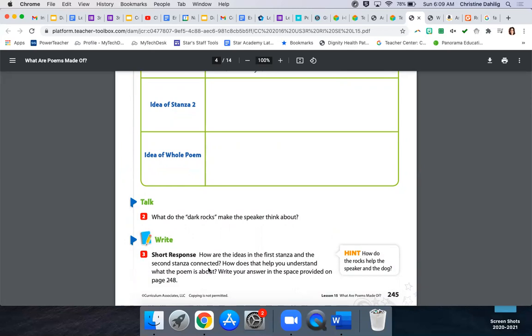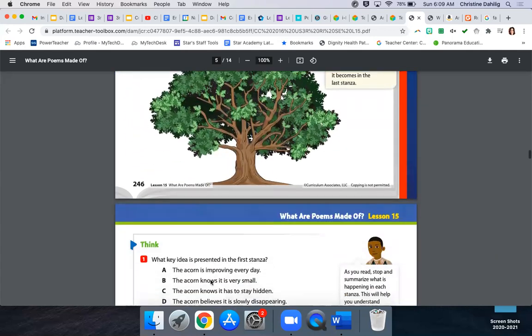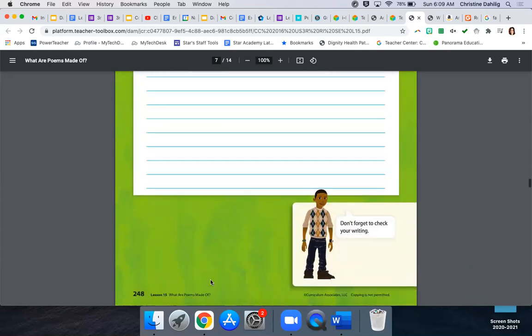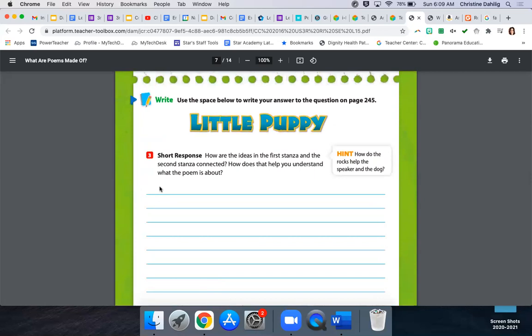How does that help you understand what the poem is about? And it is going to give you that opportunity here. I'm going to scroll forward so that you can see it on page 248. Please put your response here, and please be prepared to share out.